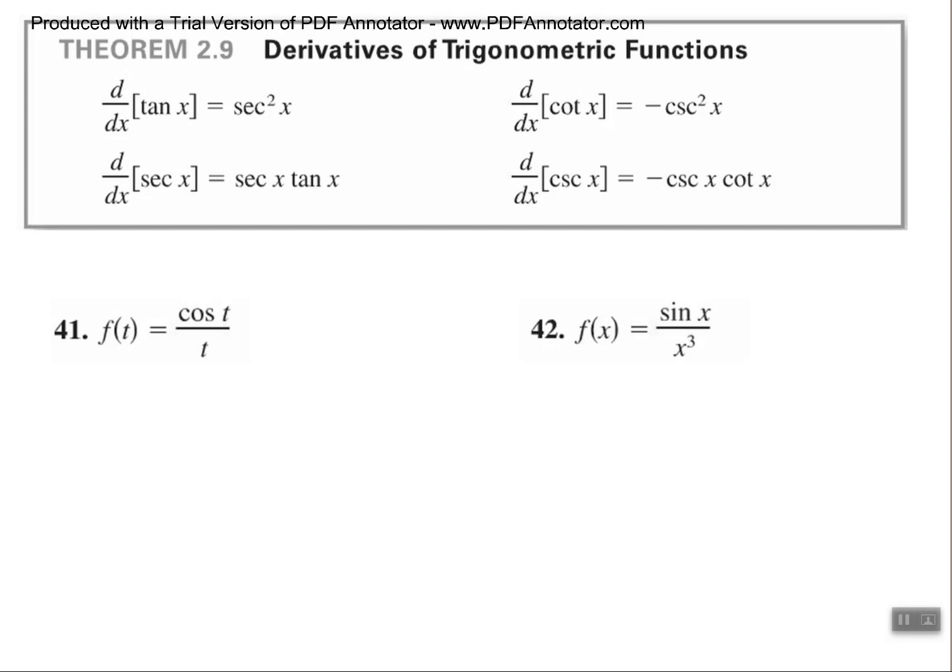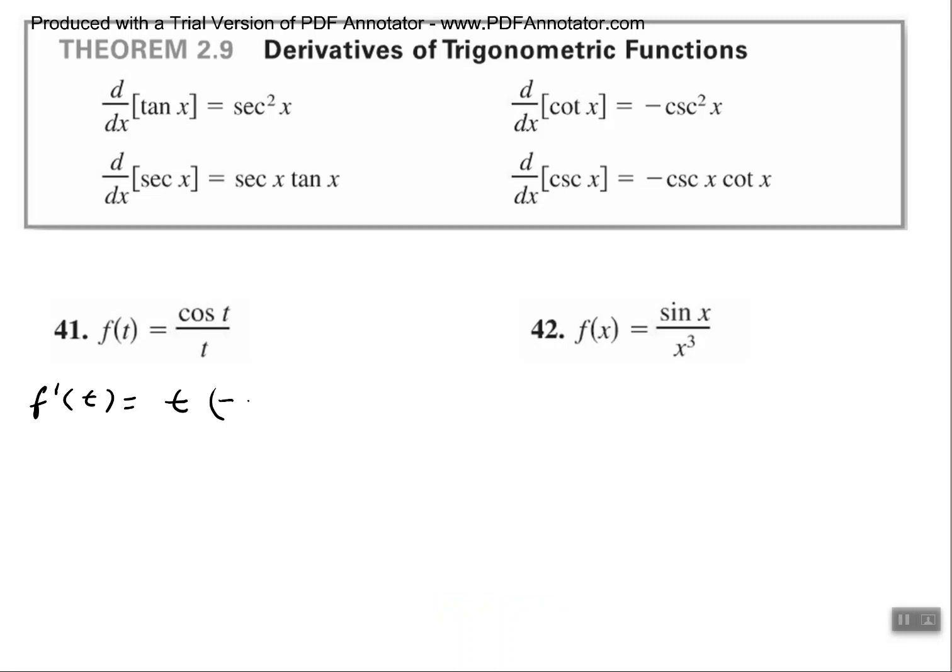All right, number 41 here, we have f of t equals cosine of t all over t. So we're going to use our quotient rule here. So low, or our denominator, times the derivative of our numerator.